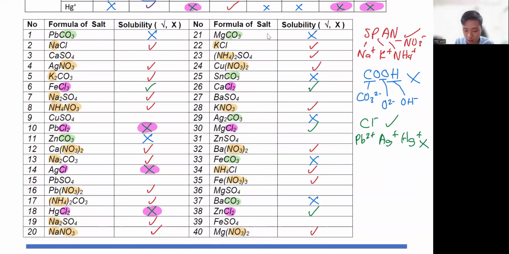Last one. SO4 2 negative. All are soluble, except when you got Pb2 plus, Ba2 plus, and Ca2 plus.